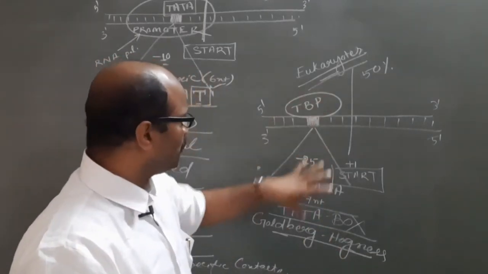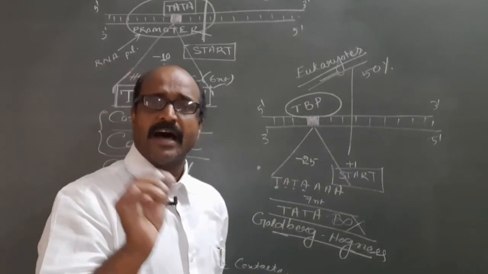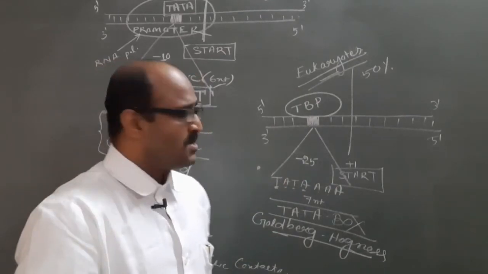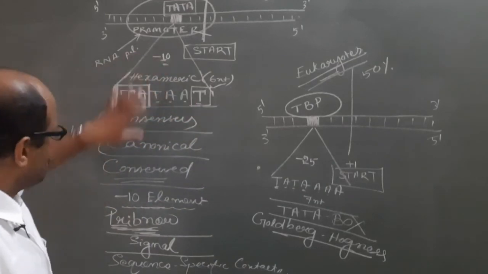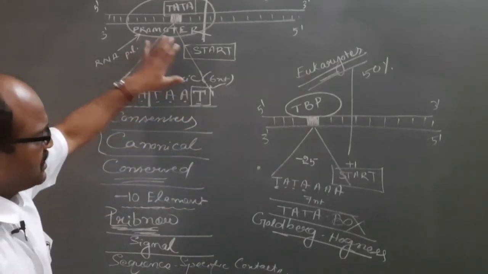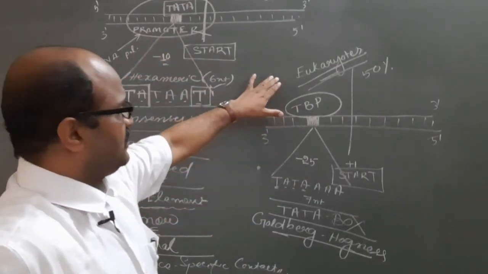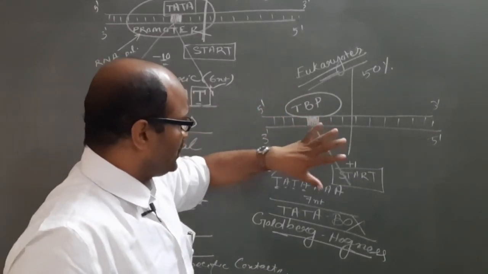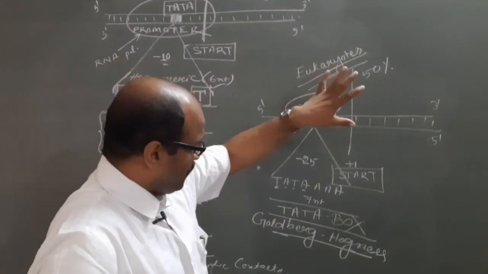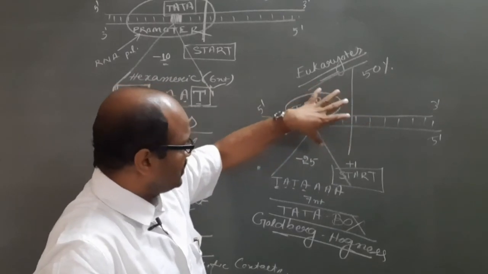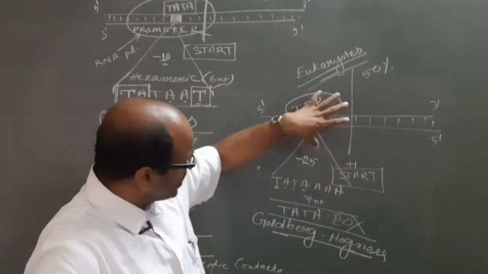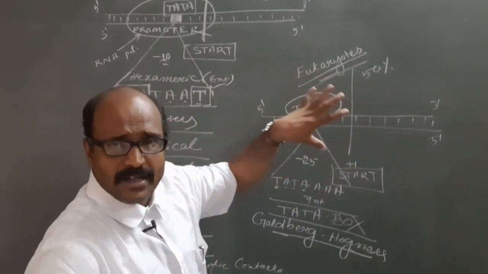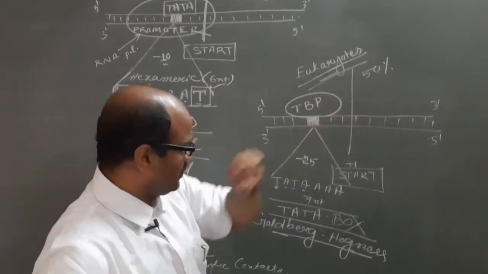Such a promoter is known as the TATA-less promoter. But in prokaryotes, the Pribnow box is a must. In eukaryotes, the TATA box is not mandatory. In some promoter regions there is no TATA box, and such a promoter is known as the TATA-less promoter.